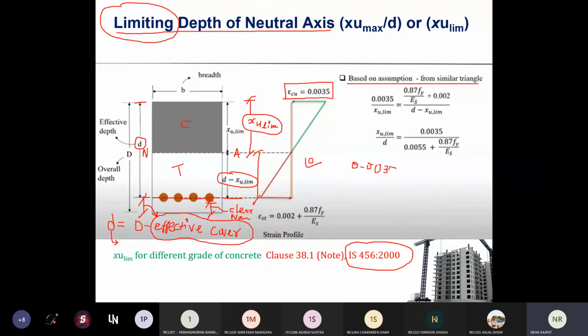0.0035, the depth from the neutral axis is Xu, right? For the maximum value of strain in tension, 0.002 plus 0.87 fy upon Es, what is my depth value from the neutral axis? d minus Xu.